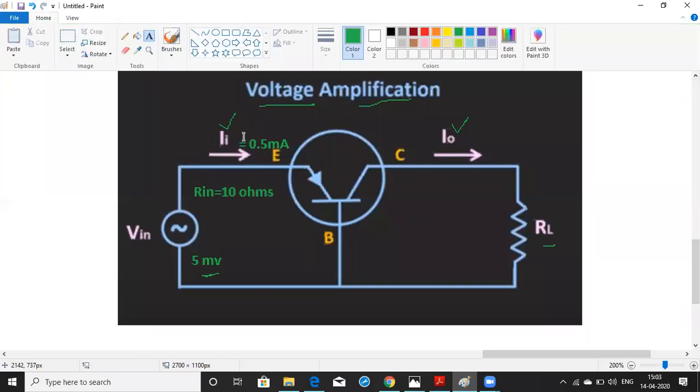The input current you are going to get is 0.5 milliamperes, because I is equal to V by R.